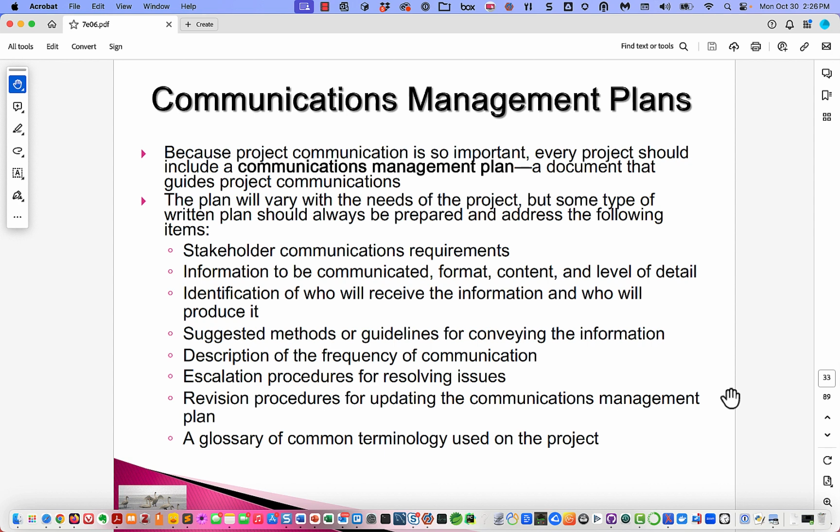Communication management plans. Every project should include a communications management plan to document the project's communications.